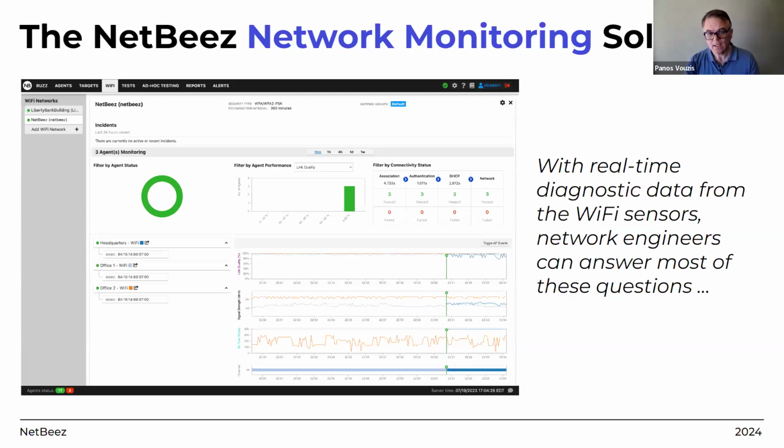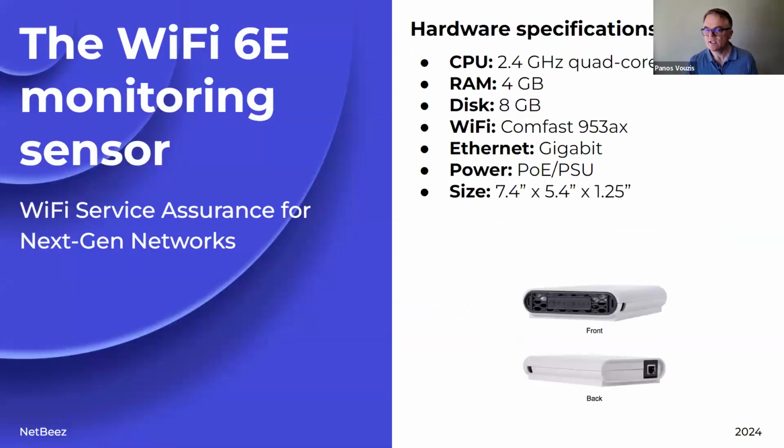We've been doing this for a while now. We'll be doing Wi-Fi sensor-based monitoring for 10 years. We started with Wi-Fi 5 back in the day, and now today, we have our general availability for our Wi-Fi 6 sensor.